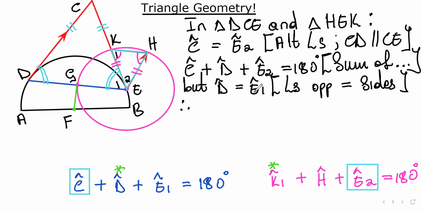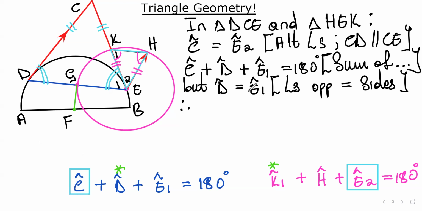Wait, E2, no, E1. Hey, C plus D plus E1, okay? Yes, but we know that D is equal to E1, okay? So let's say maybe you want to express angle D in terms of this angle C.